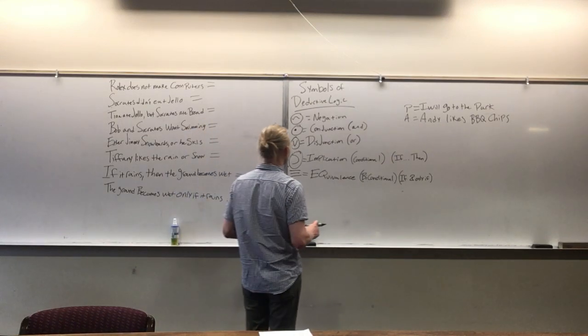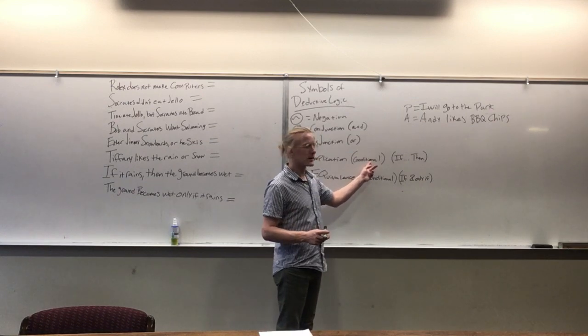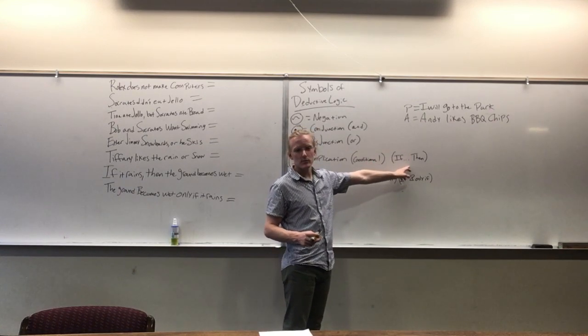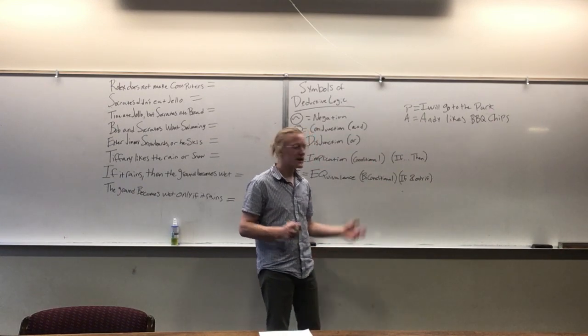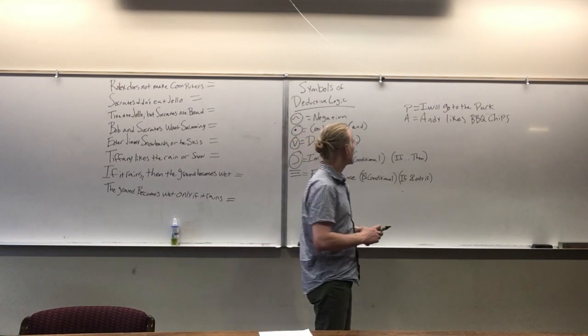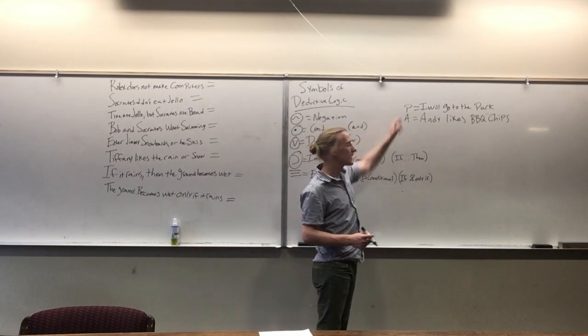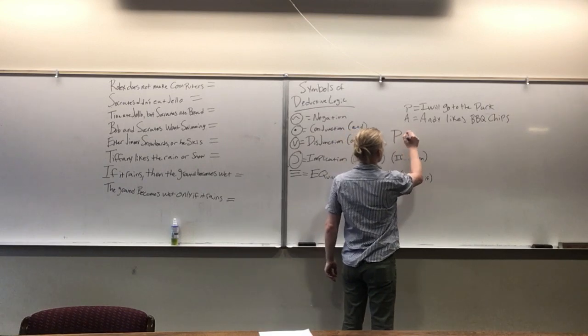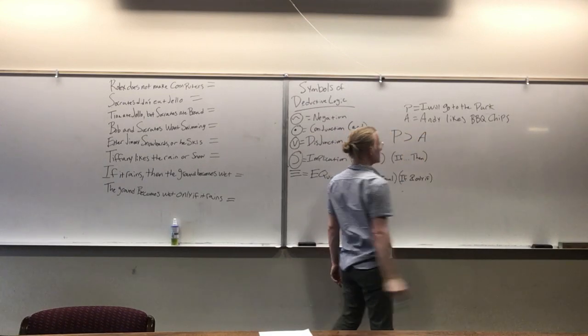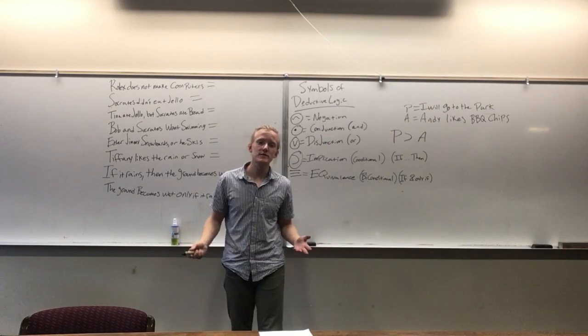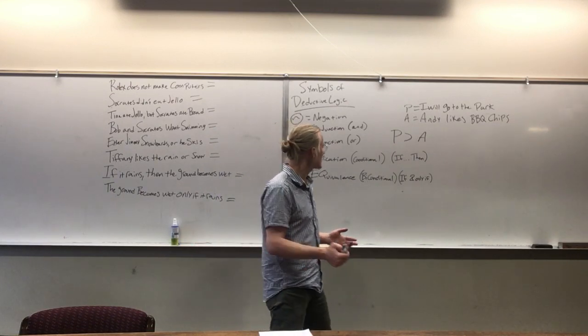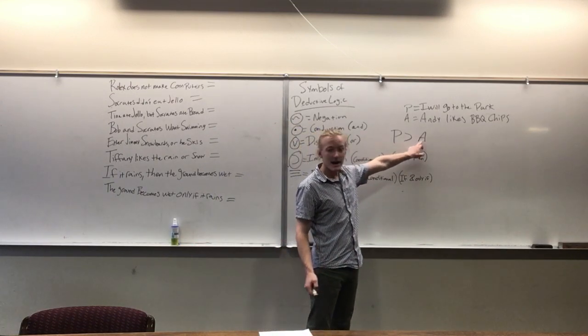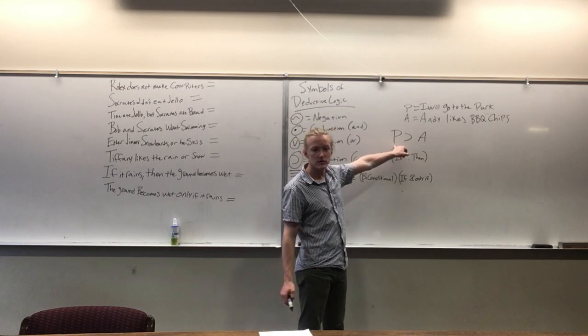So implication is a conditional or, in more colloquial language, an if-then statement. So if it's the case that I go to the park, then Andy likes barbecue chips. So what I've done is I've set up a conditional statement. I've said that conditionally A will be true just so long as P is true, right?